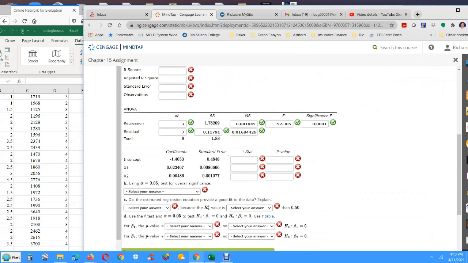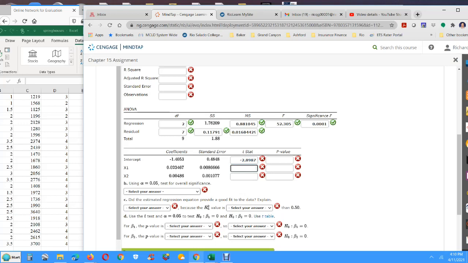So on each one of these right here, I'm going to take negative 1.4053 and divide by 0.4848. And that gives me a negative 2.8987.